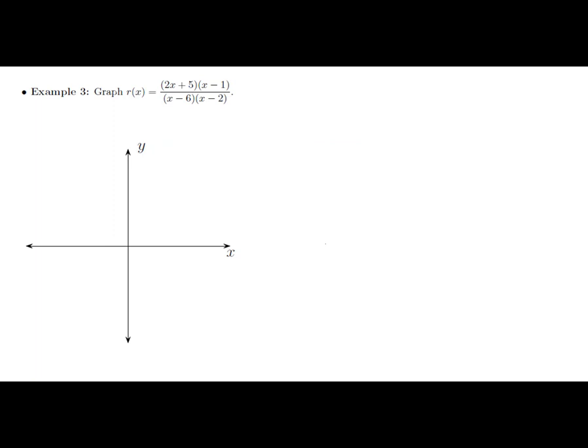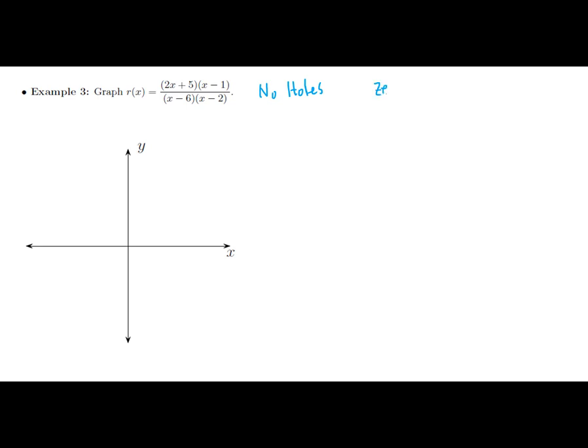All right, so let's take a look at another example here. First of all, we've got some zeros that we want to find, and they're easy to find because it's already factored for us, right? I see no cancellation, so maybe a little note here for no holes.